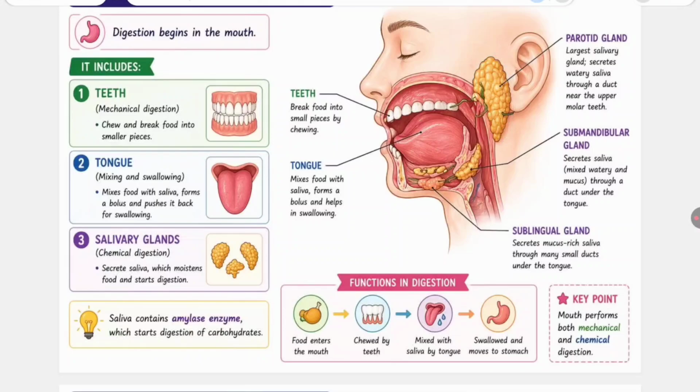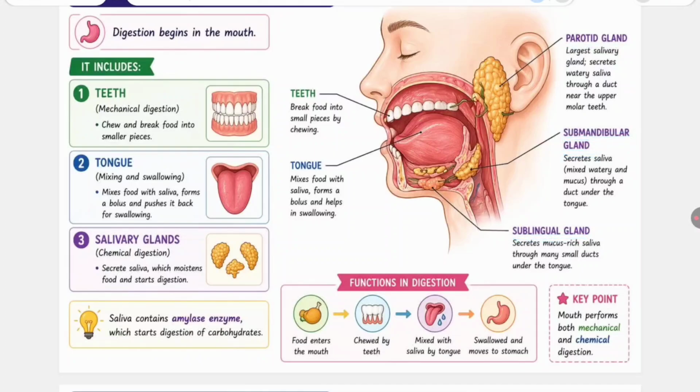Any hard or dry food particles we eat, the saliva adds moisture to the food for easy digestion. That is the main function you have to remember. Here you can see the salivary glands are divided into three: the parotid gland, the submandibular gland and the sublingual gland.